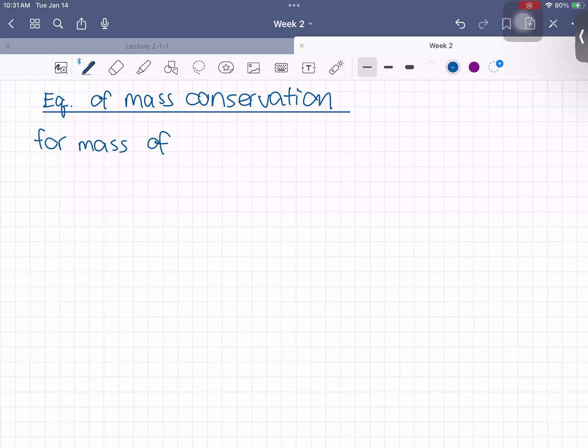So for mass, if we consider the mass for species i, earlier we know that capital B, big B, is any physical property. It can be mass, momentum, or energy, right? So in this case, small b, b_i, I would specify with the species i as well.